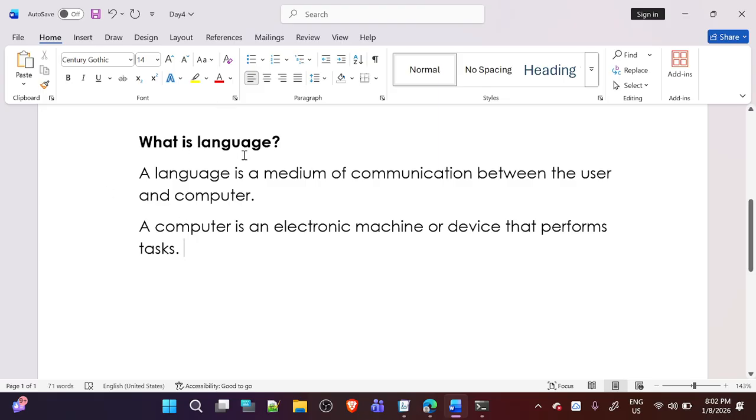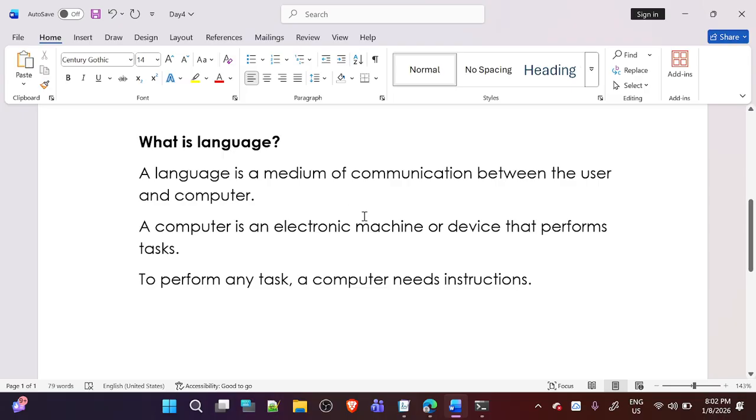Whenever we want to perform any task on the computer, what will we do? We will give instructions to the computer. To perform any task, a computer needs instructions.